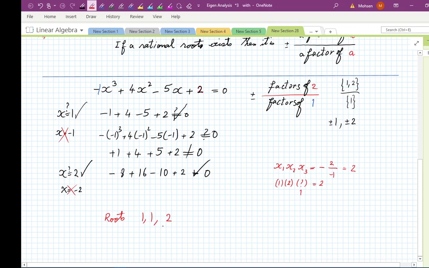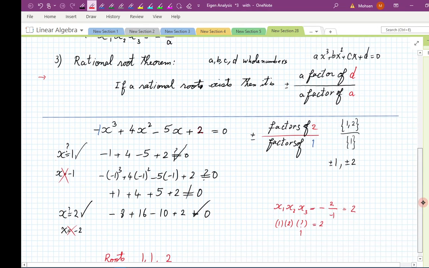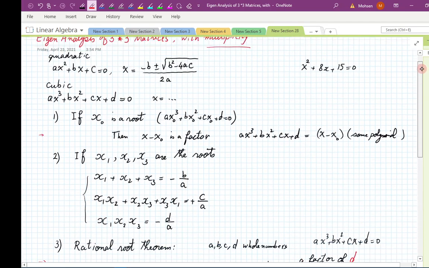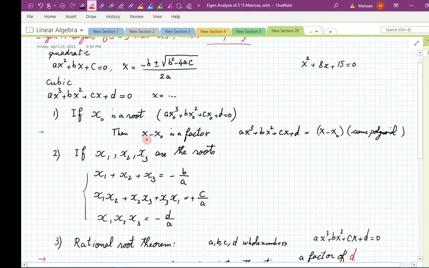Okay, suppose we wanted to do this problem a slightly different method. I might say, okay, suppose you found one of the roots, x equal to 1. We can use the idea of deflation. If you have a root, you have a factor.